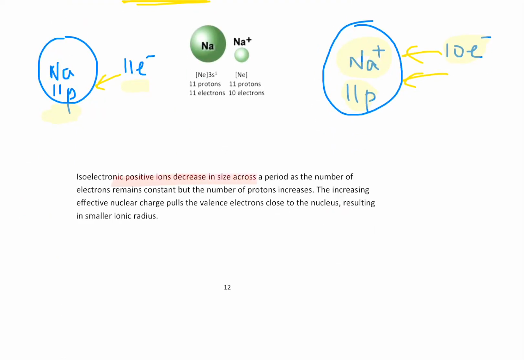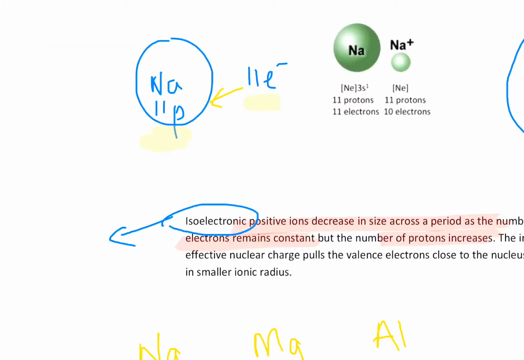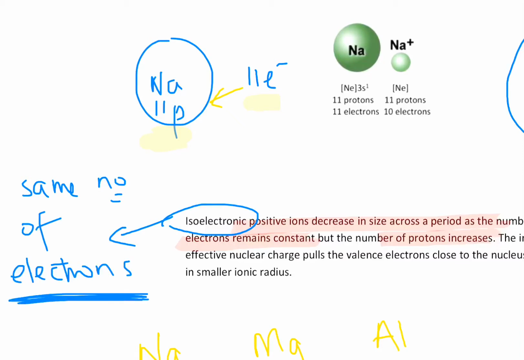Isoelectronic positive ions decrease in size across a period as the number of electrons remains constant, but the number of protons increases. Isoelectronic positive ions means ions that have the same electronic configuration, which means the same number of electrons, which is equivalent to the number of electrons of the nearest noble gas.